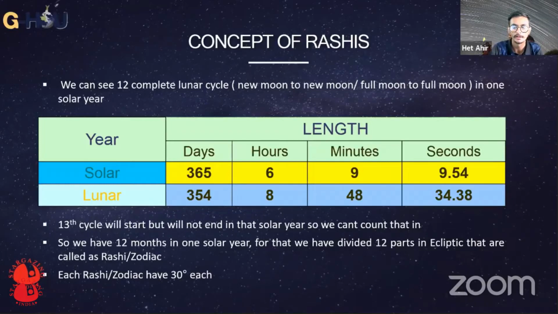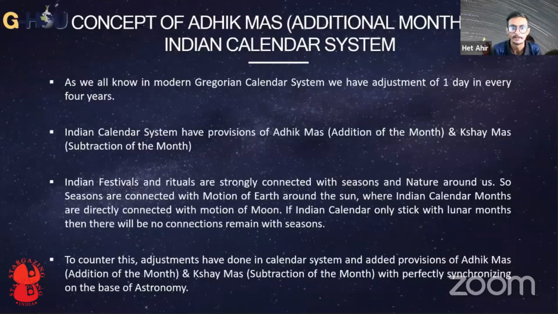As we have discussed, there is the concept of Adhik Masa, or the additional month, and how it is additional in the Indian calendar system. As you all know, the modern Gregorian calendar system adjusts by 1 day in a 4-year system. But our Indian calendar system has the provision of Adhik Masa, or Kshaya Masa, as a subtraction of a month. Indian festivals and rituals are strongly connected with seasons and nature around us.